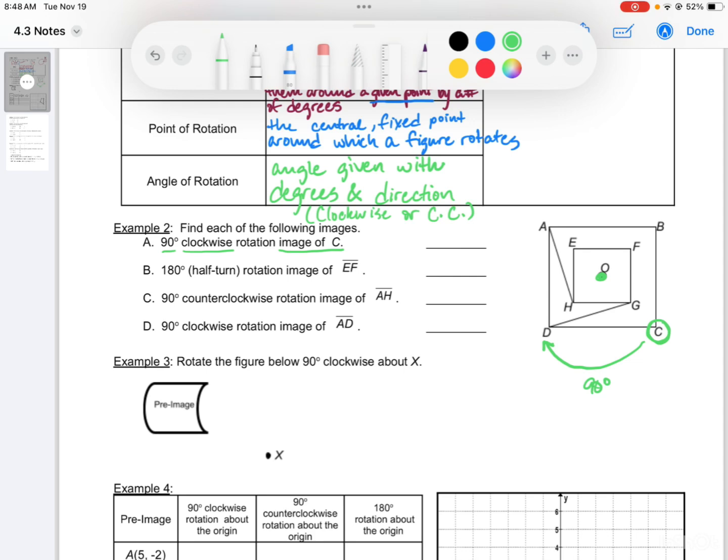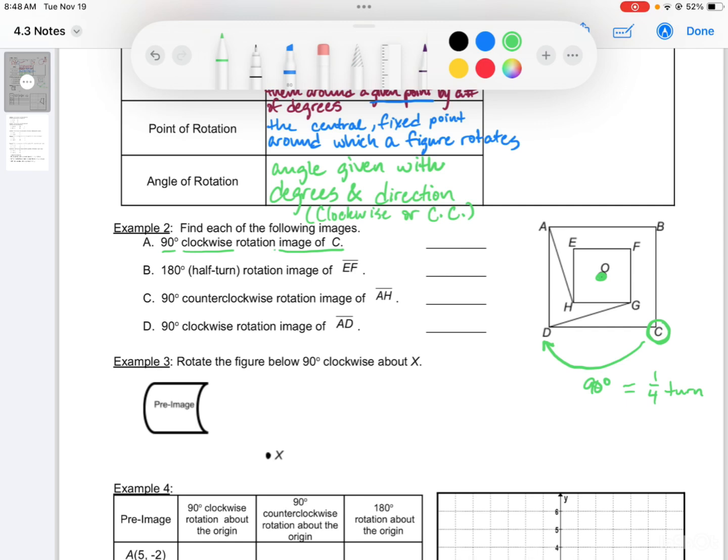So what you see here would then be rotated a quarter turn, a fourth of a circle, clockwise, like you're going around the clock.